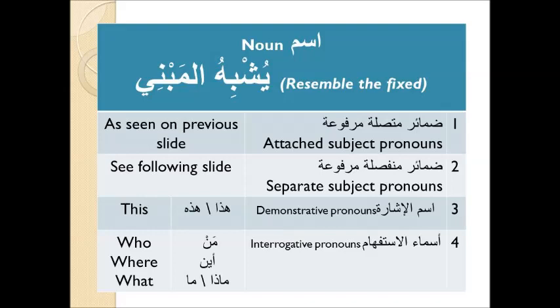And then secondly, ضمائر منفصلة مرفوعة, separate subject pronouns, which we will see on the following slide. 3. اسم الإشارة, demonstrative pronouns, which we took هذا and هذه, meaning this. And 4. أسماء الاستفهام, interrogative pronouns, such as من, أين, ماذا, and ما, meaning who, where, and what.